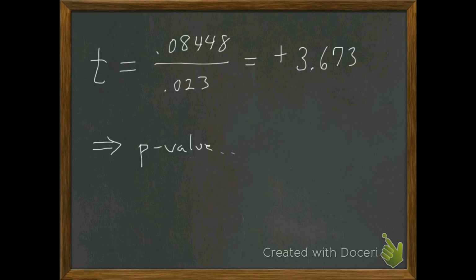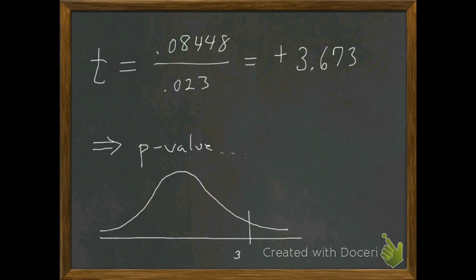So now we've got to calculate our p-value. It's been a while, but remember we conducted a not equal to test, so we need to find the area under the curve to the right of 3.673, and the area under the curve to the left of negative 3.673.